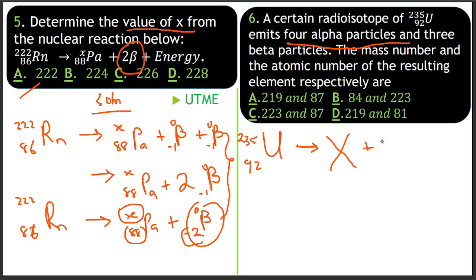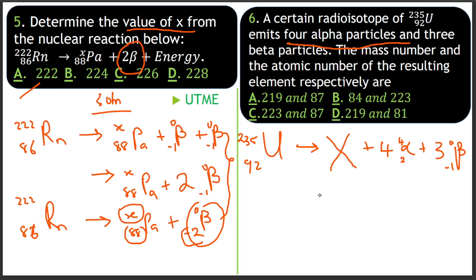So you can write like this: 4 alpha, remember here is 4, here is 2, and then 3 beta, 0, minus 1.